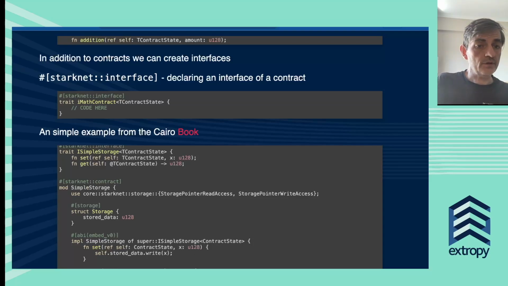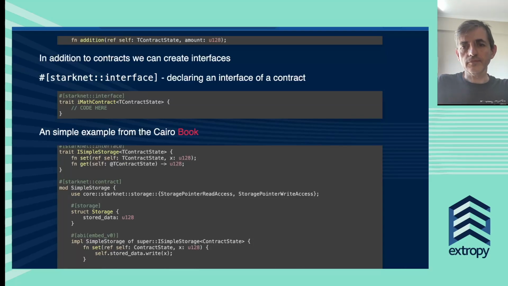For the read-only function, again, we have a self variable. This time it's representing a snapshot of the contract state. And then we can use that again with dot syntax to refer to an item in storage. So we have dot stored data. And then this time we use the read method to read that value. And then that is the value that gets returned from the function.